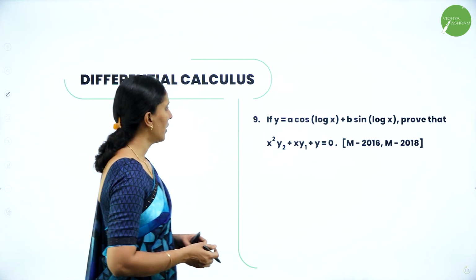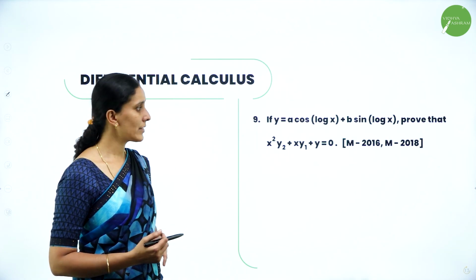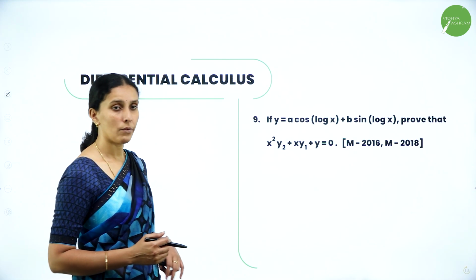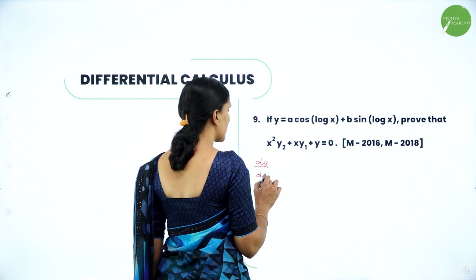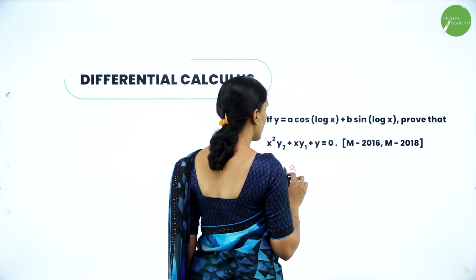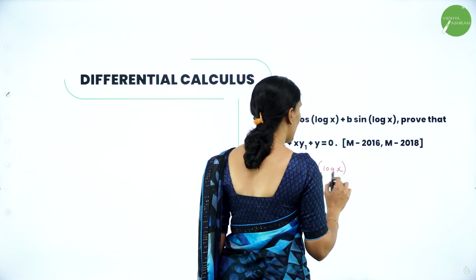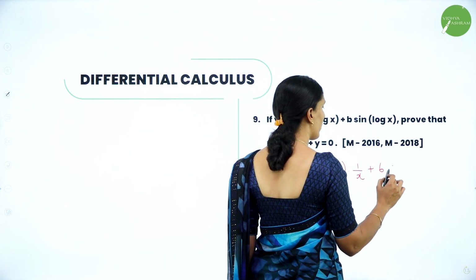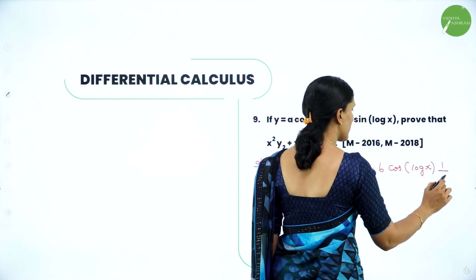Next question, if y is equal to a cos log x plus b sin log x, prove that x square y2 plus xy1 plus y is equal to 0. So let us take dy by dx. So we have a cos of log x, whose derivative is minus sine of log x into 1 by x, plus b sine of log x, whose derivative is cos of log x into 1 by x.